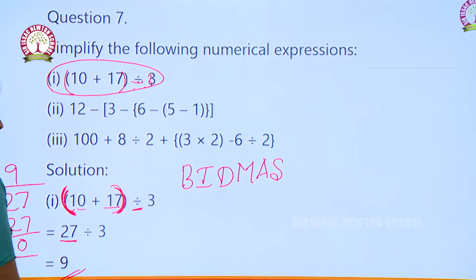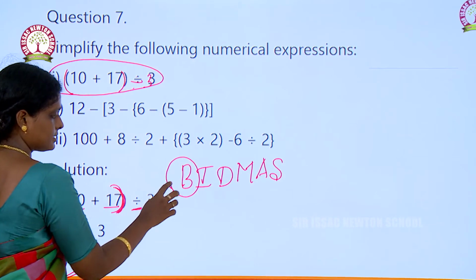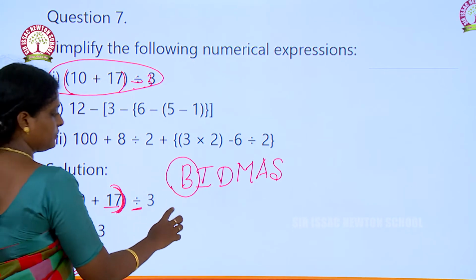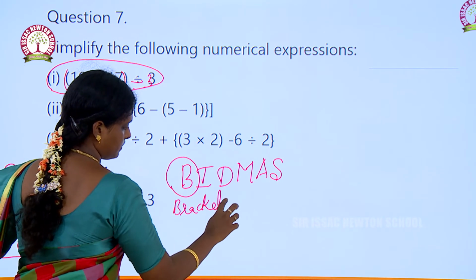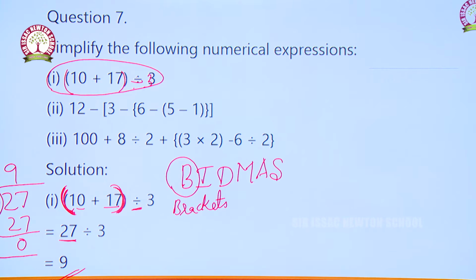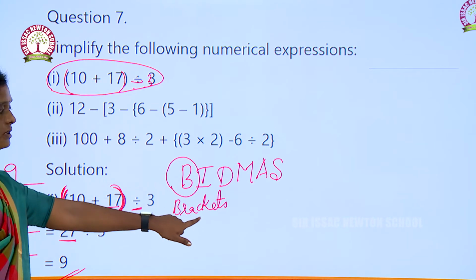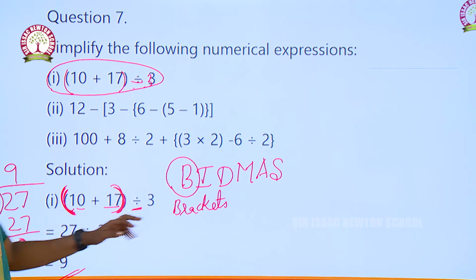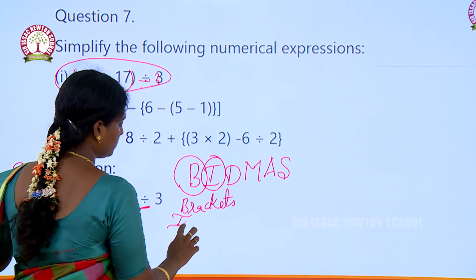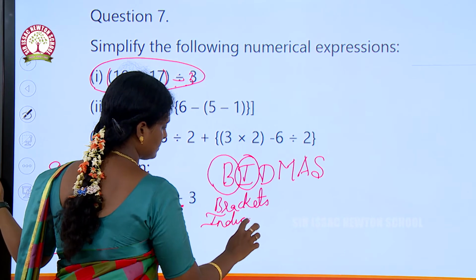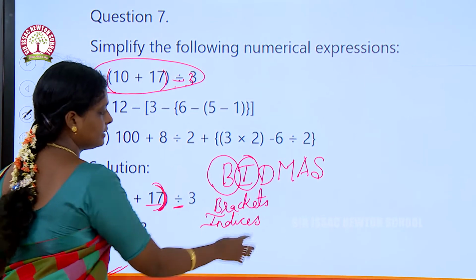Okay. BIDMAS means first one is bracket, B for brackets. We have to give importance to brackets. First you have to solve the brackets and then indices, I for indices, and then division.